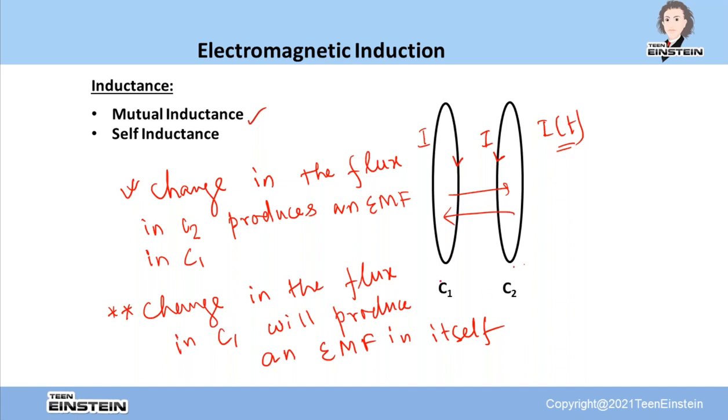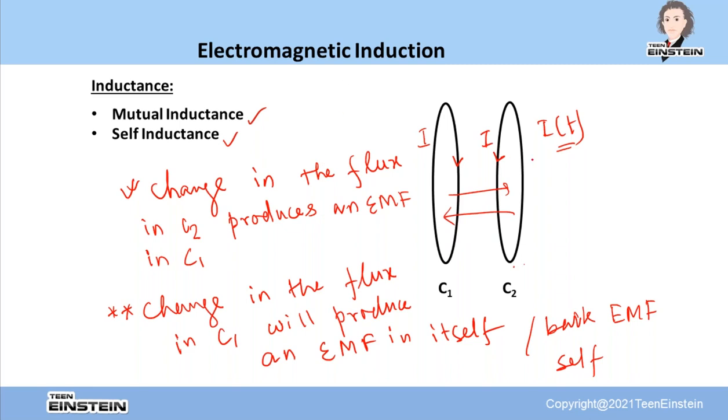And if I have a single coil C1, and I pass a time varying current or AC current in this same coil, it itself will produce an EMF, which is called back EMF, due to the change in the current in itself. Because it is happening due to its own change in the flux, this is called self inductance.